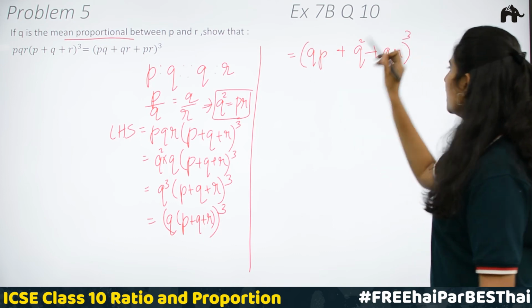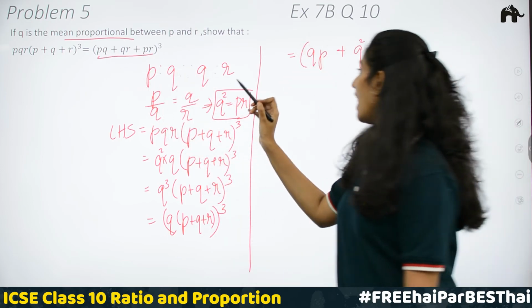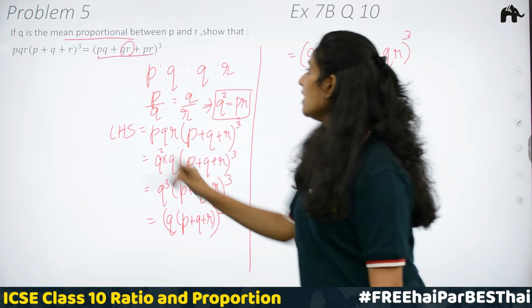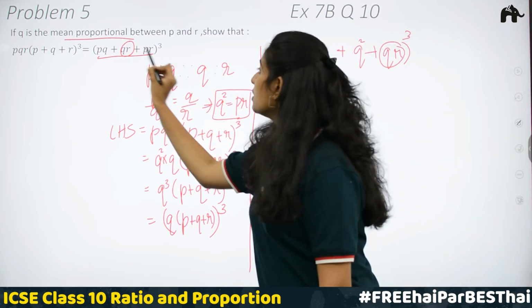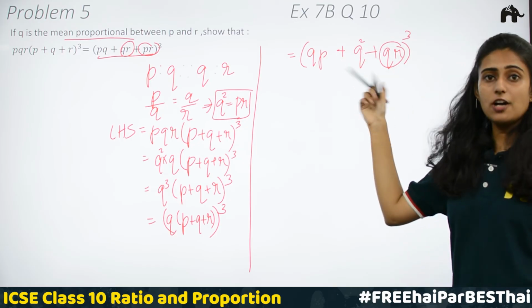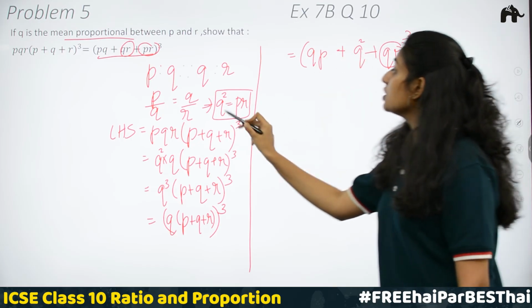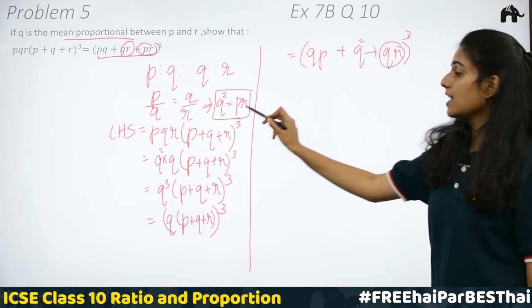Now this is somewhat similar to our RHS. Here we have a qr, here again qr. We have a pr, but pr is not found here. But we know q square is equal to pr. We just need to replace this q square as pr.